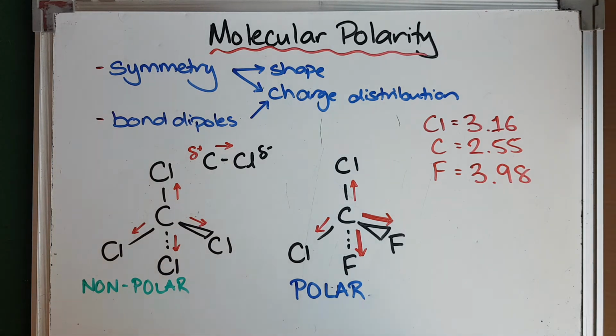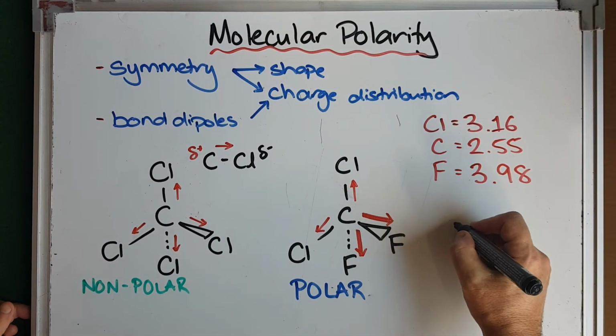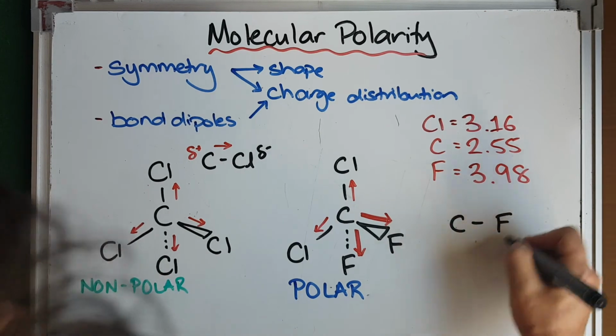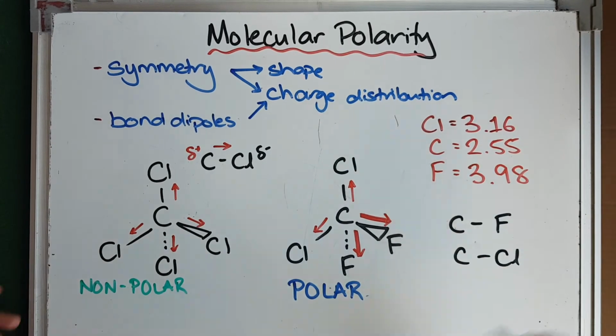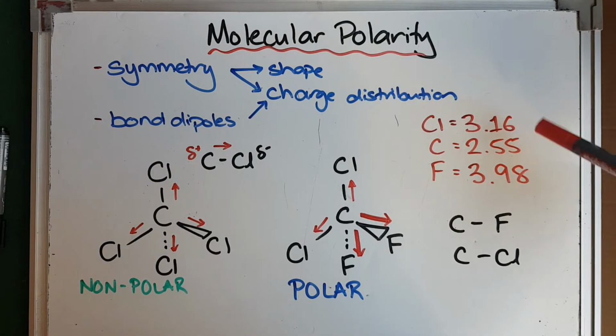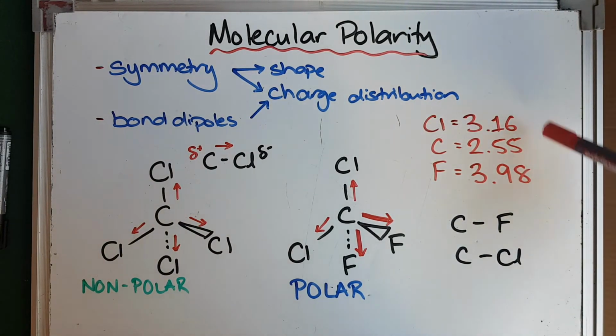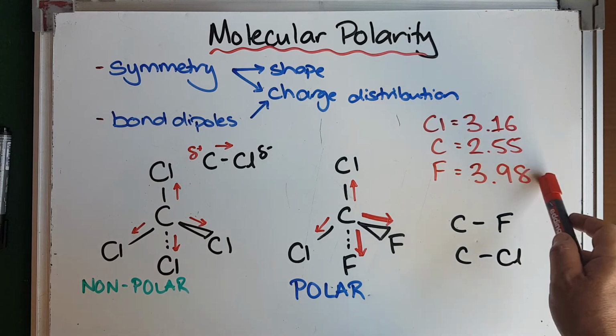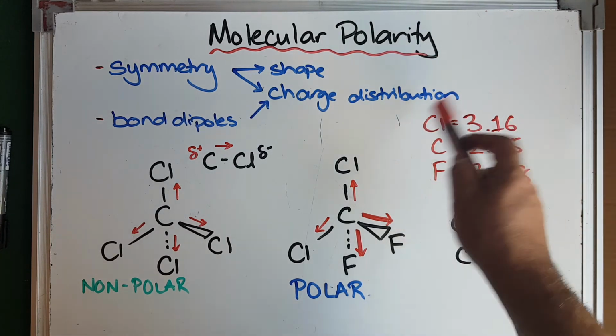Conversely, or oppositely, we've got this molecule here, CF2Cl2, sorry. So, it has got 2 dipoles, and they are different. So, fluorine has got a much higher electronegativity than chlorine. So the pull it has on the electrons is going to be greater than chlorine.